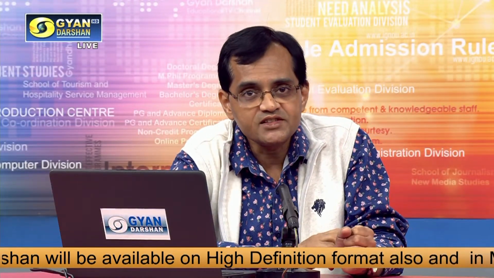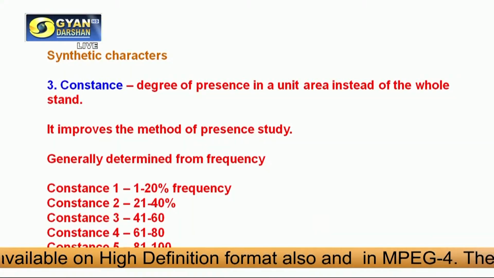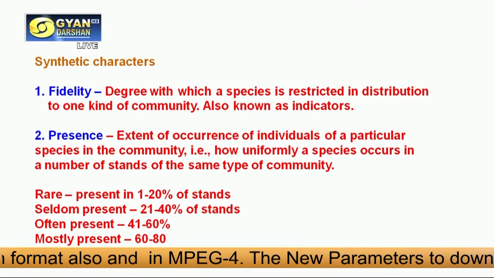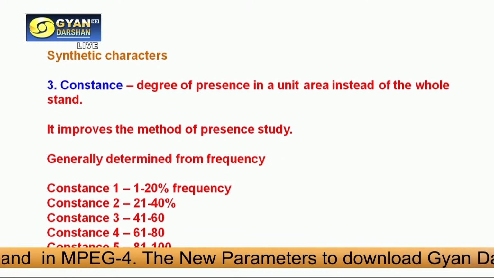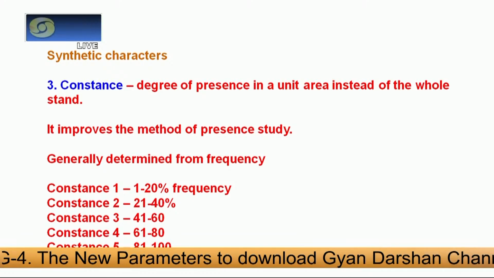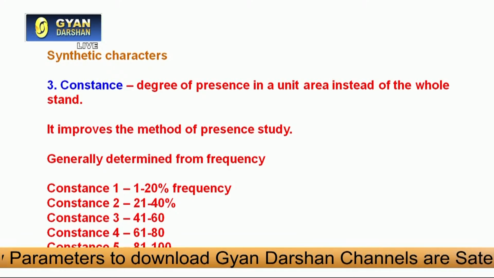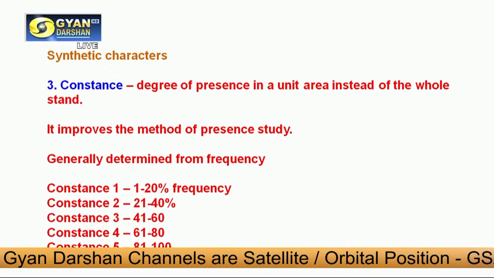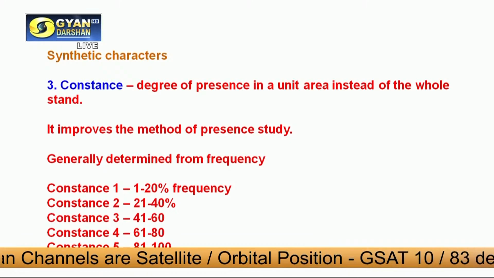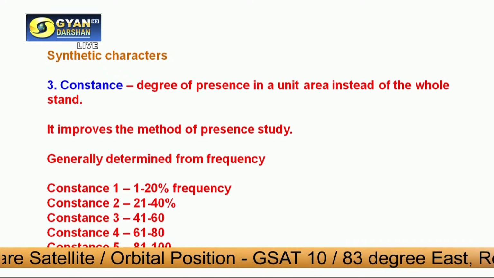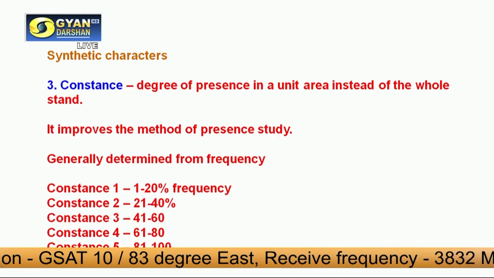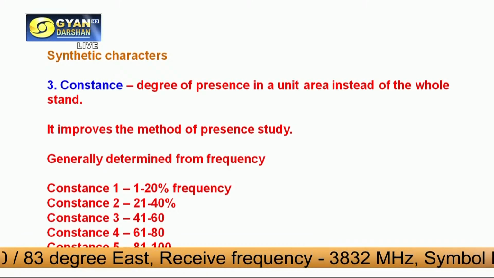What is constance? This is the degree of presence. So presence and constance, these two terms are related. The degree of presence in a unit area. If you measure the presence in a unit area, it becomes constance. So here you are studying a sampling unit, that is a unit area, and not the whole stand.